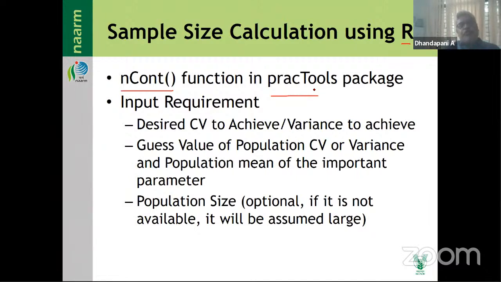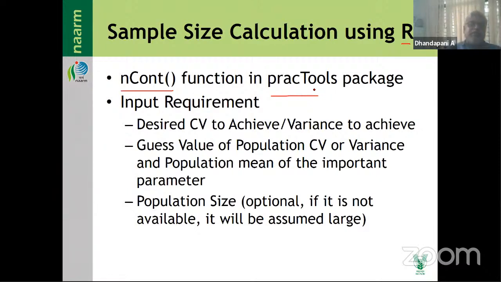This function is going to ask for three things. One is, what is the desired CV you want to achieve? You can give it in terms of CV, or even in terms of variance. But giving the desired CV is easier because it is free from units.